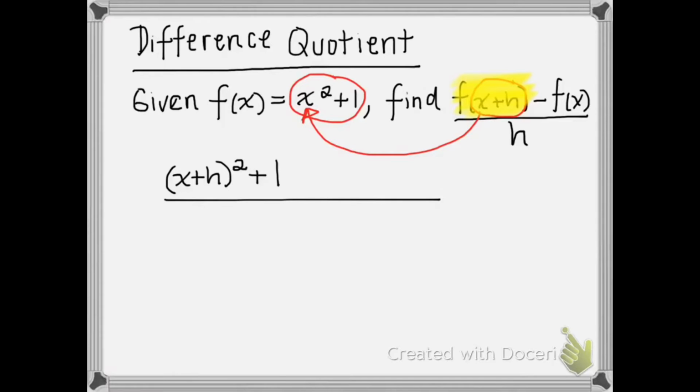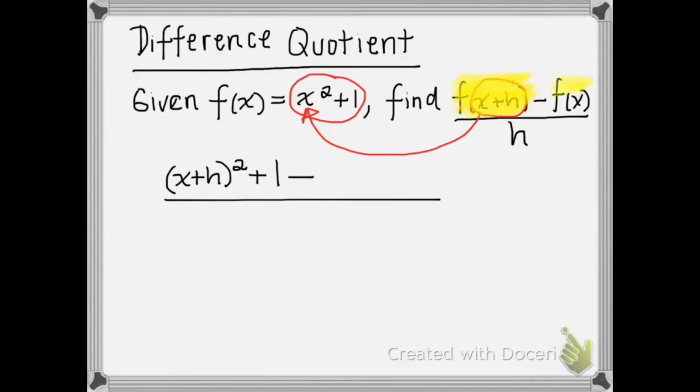And then I am going to subtract f of x now. So I go minus, and this minus sign here is this minus sign. Okay? Then I'm going to just substitute.